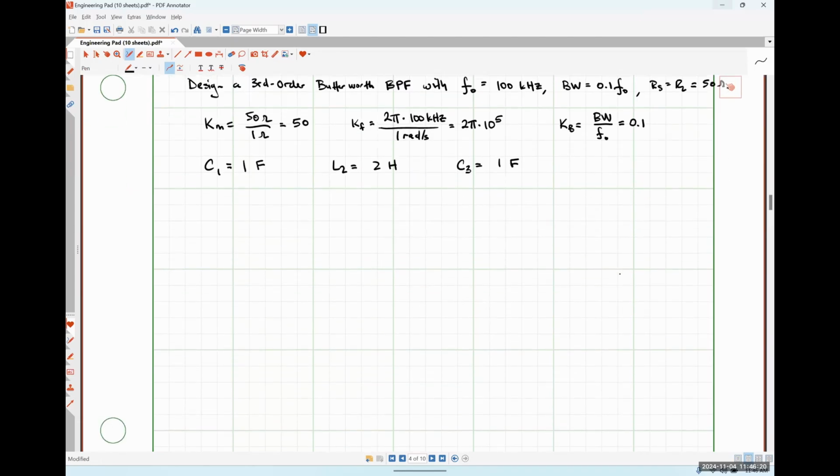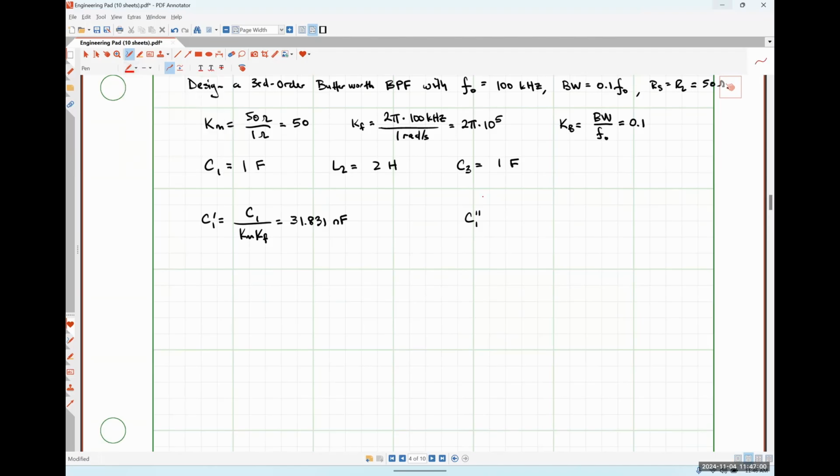So if we weren't worried about our bandwidth scaling, C1 scaled would be C1 over KM KF, right? Based on what we did in our last lecture and our previous examples. So that's literally just going to be, in this case, 31.831 nanofarads.